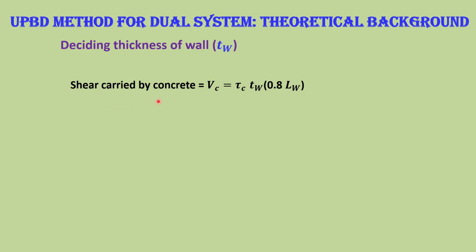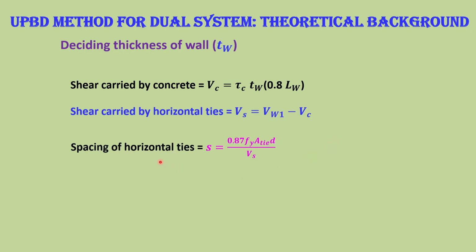So now for further design, the shear carried by the concrete alone is given by tau c into the area of the shear wall in shear. So tau c into TW into 0.8 LW. This much shear will be carried by the concrete. So the remaining shear Bs, equal to BW1 minus Bc, is the amount of shear in one wall to be carried by stirrups or horizontal steel. So the spacing of the bars will be given by the simple formula 0.87 Fy A tie into D by Bs.